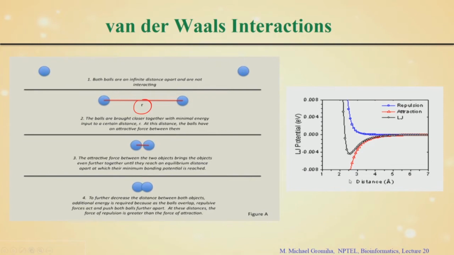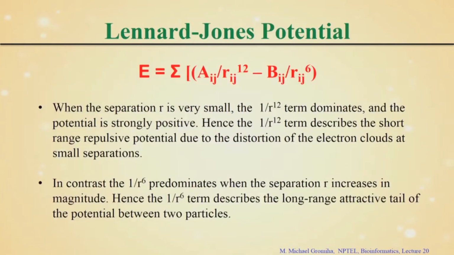Then if we go closer, it is because of van der Waals repulsion, the high repulsive interactions, this green one, that dominate. Combining these two together, you get the Lennard-Jones potential. This is how the graph looks, and we can derive the equation using a 6-12 potential.